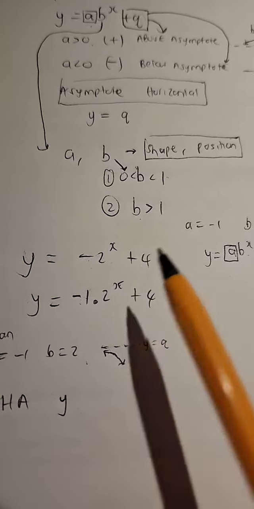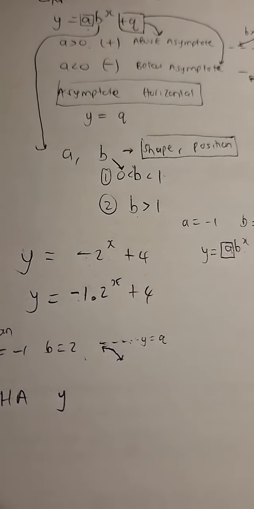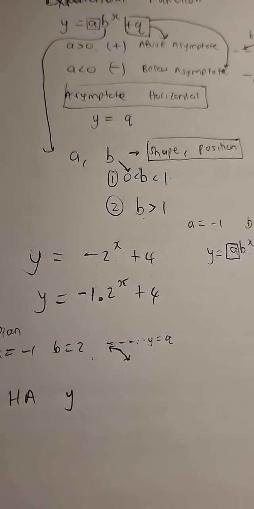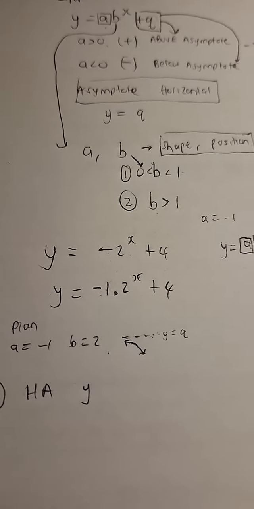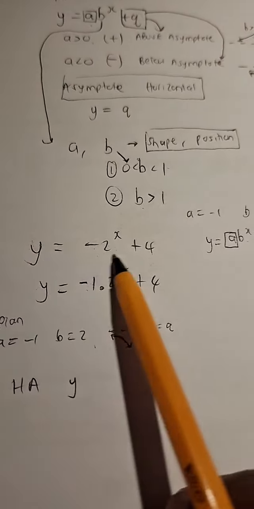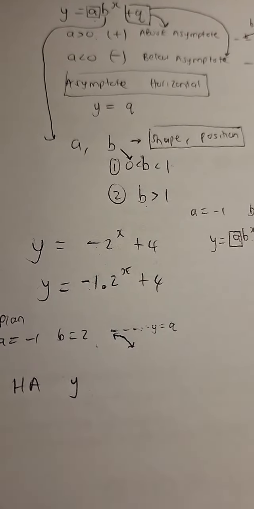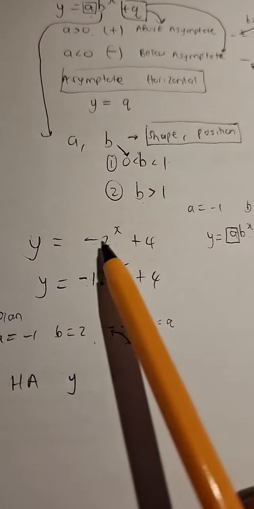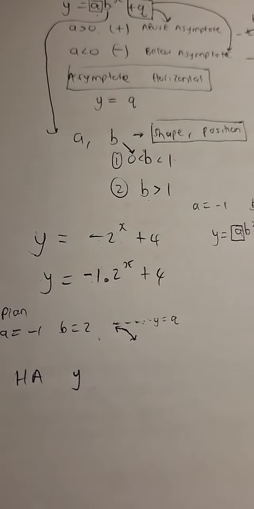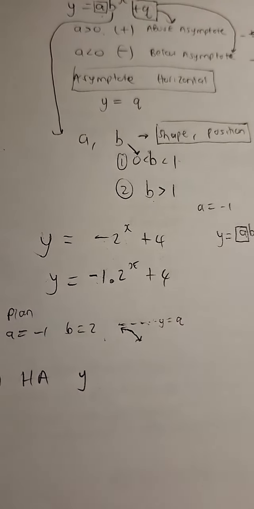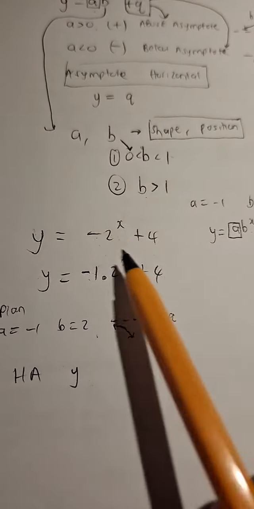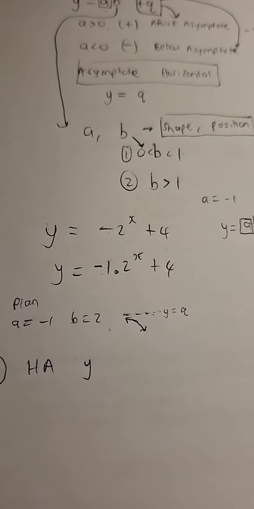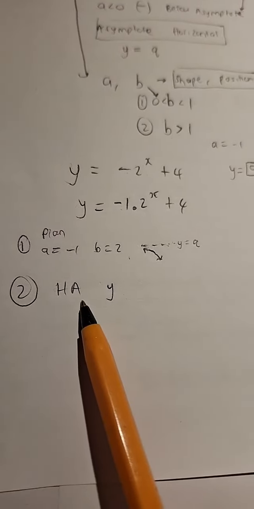What is the equation, guys, of the horizontal asymptote of this exponential function? I repeat, what is the equation of the horizontal asymptote of this function? I want the equation.